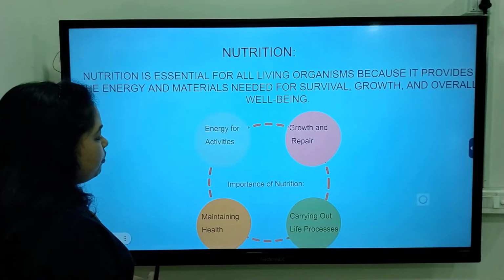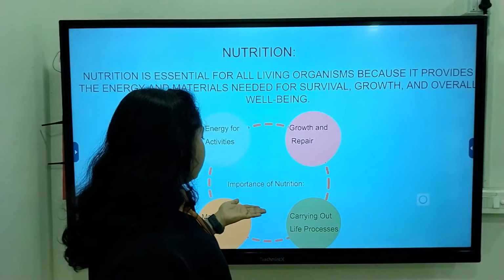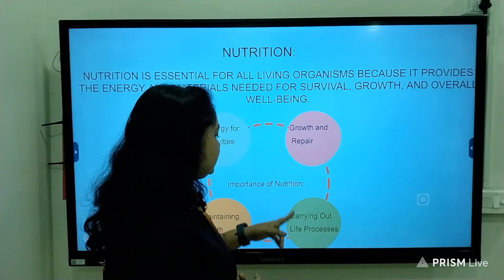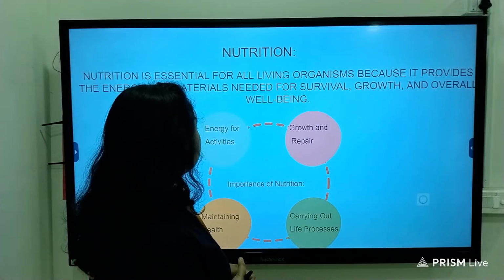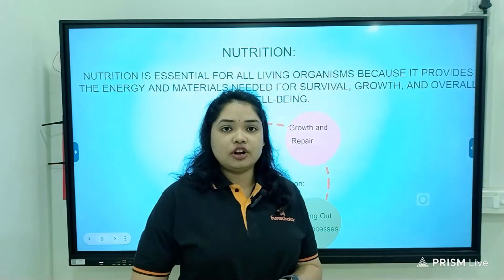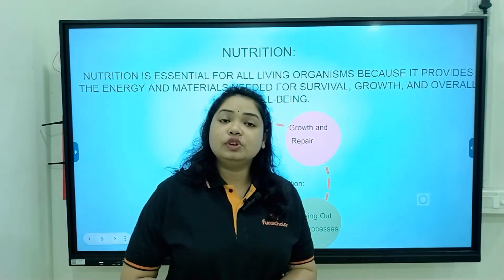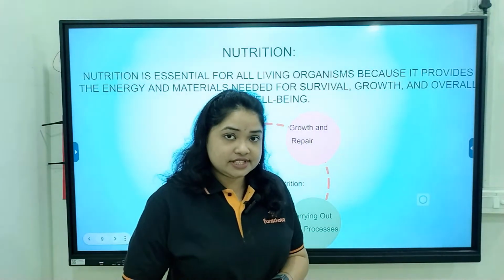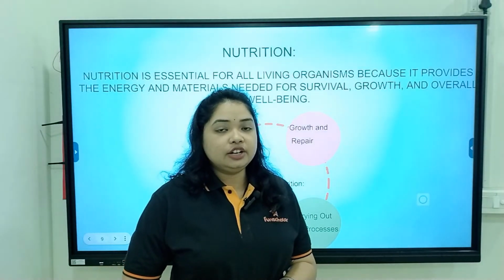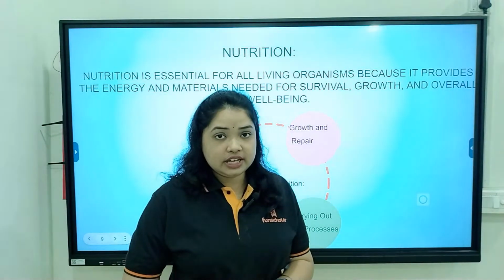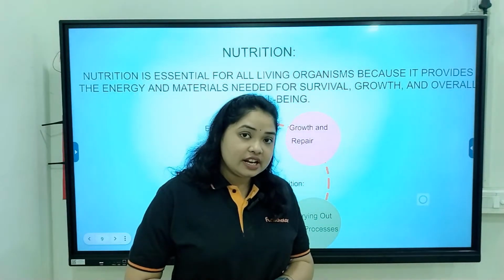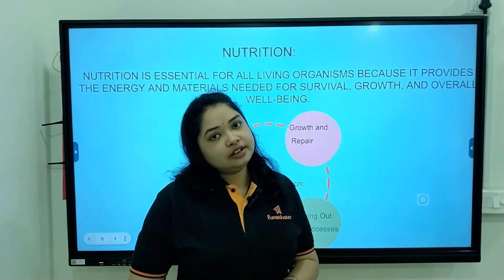Now, the importance of nutrition has been summed up here in terms of four basic actions. Number one is energy for activities. We all know that we take in food in order to get energy because food will be broken down in the digestive system and then absorbed by blood, and with the help of blood it will reach all the cells of the body where the food will be broken down by utilizing oxygen and then the energy will be released.